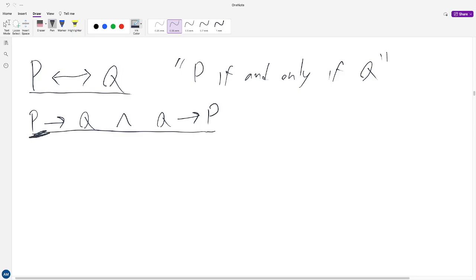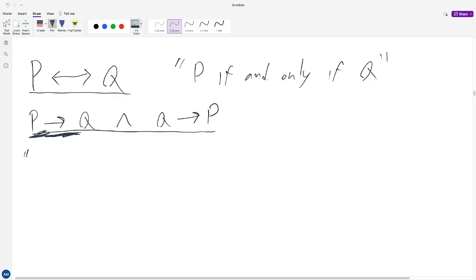We read this as, we say P if and only if Q, because this statement combines both if P then Q and if Q then P in it. So the statement P only if Q, that's what this means.